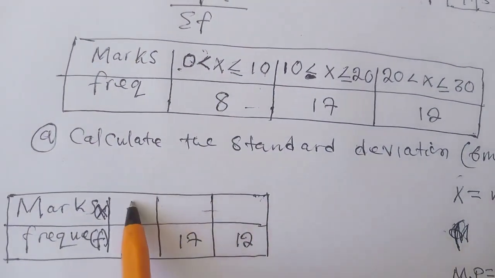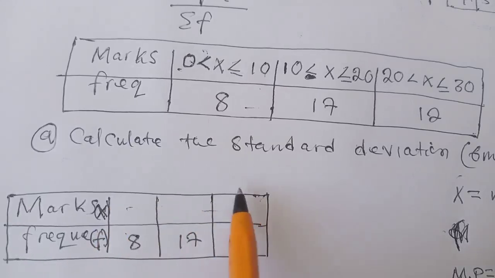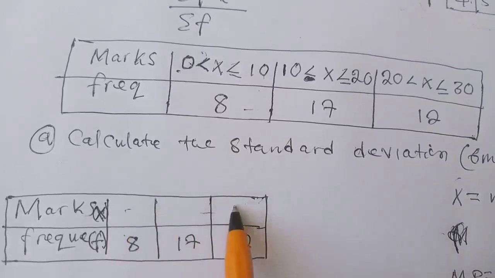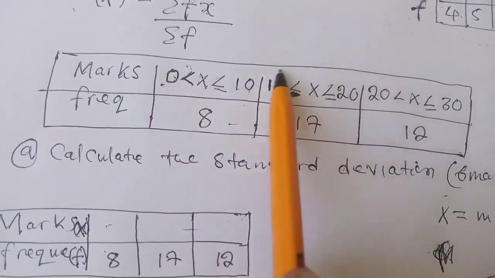So here we need to find the midpoint from here. So we'll put the midpoints here. The values that we are going to use to find the midpoint are these values here.